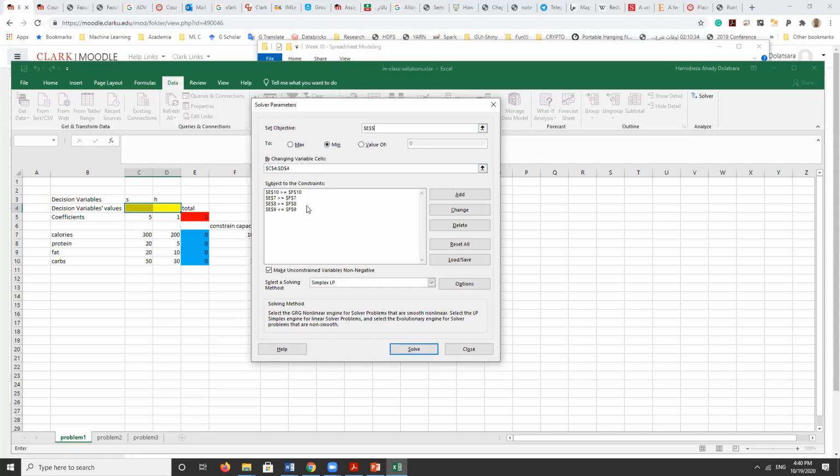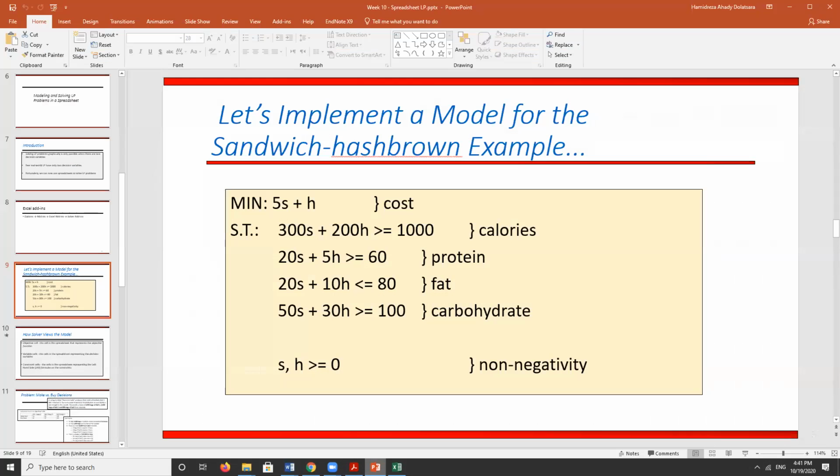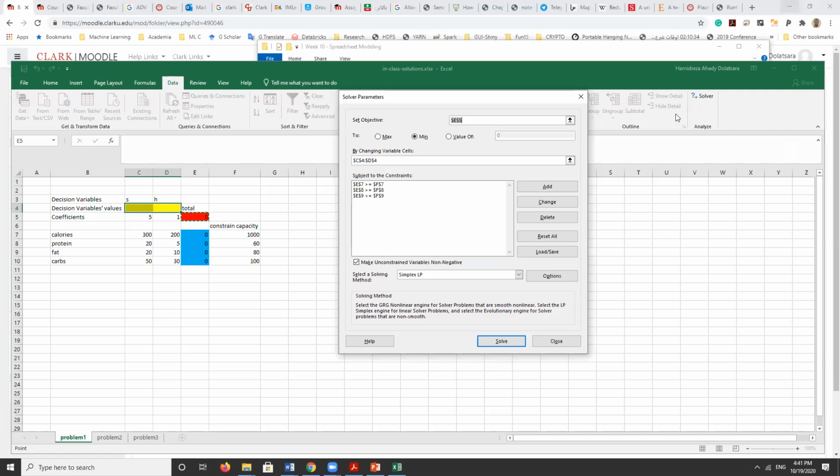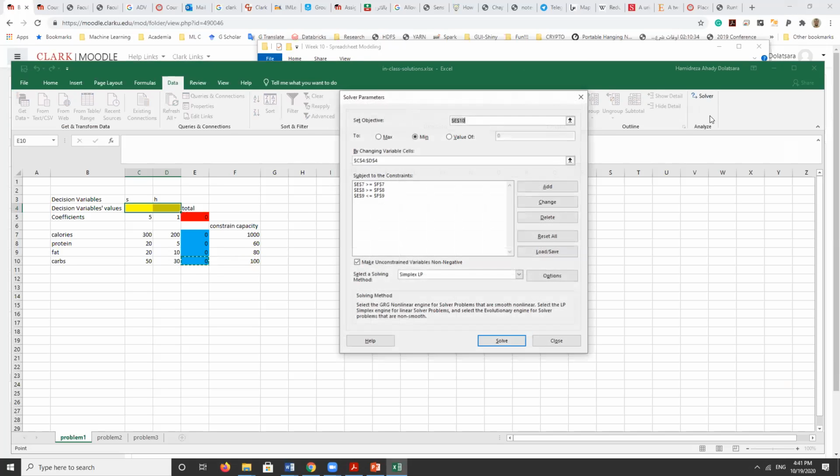Also, you define your constraints. Let me delete this one, I'm deleting one of them to show it to you. So let's look at the problem. The carbs that I make from my meal should be more than 100. The carbs that I make are in this blue cell. Let me do it again, Solver.